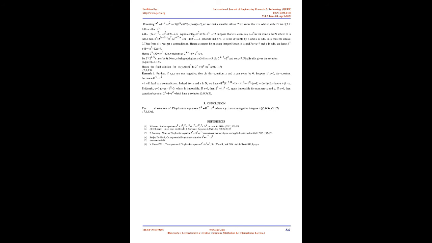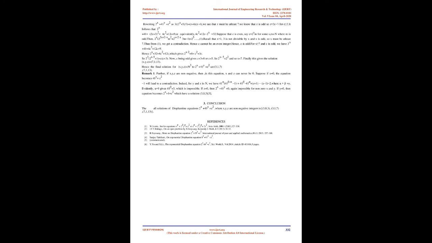Further, if x, y, z are non-negative, then in this equation, x and z can never be 0. Suppose x = 0, the equation becomes 41^y = z^2 - 1, which will lead to a contradiction. Indeed, for y and z in N, we have 41^a = (z - 1)(z + 1) = 2, where a is at most y.